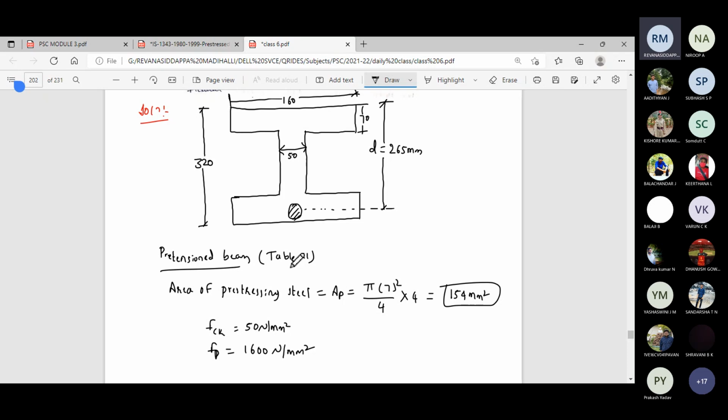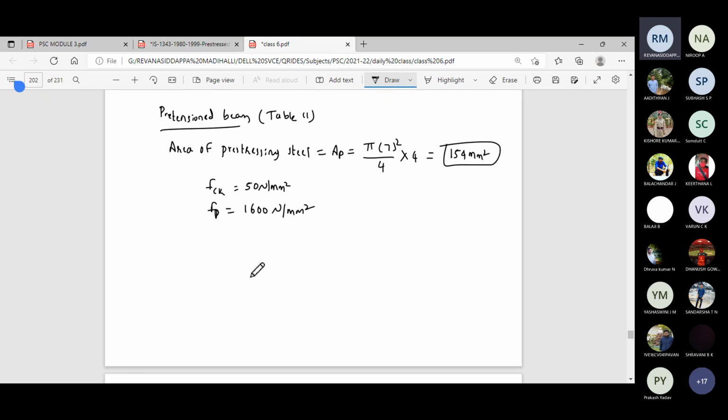Otherwise, if the assumption goes wrong, then we have to assume alternatively. It means if you assume the depth of neutral axis lying in the flange, and it goes wrong, then it will be lying in the web, and vice versa. And we proceed for solving moment of resistance. Initially, we will assume that the depth of neutral axis lies within the flange only.